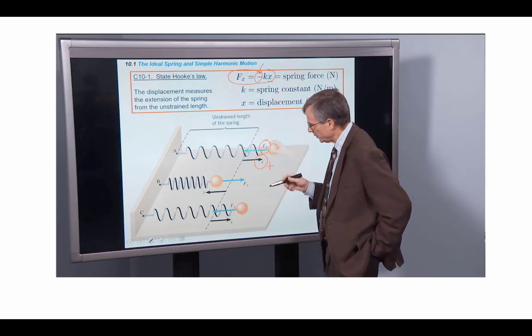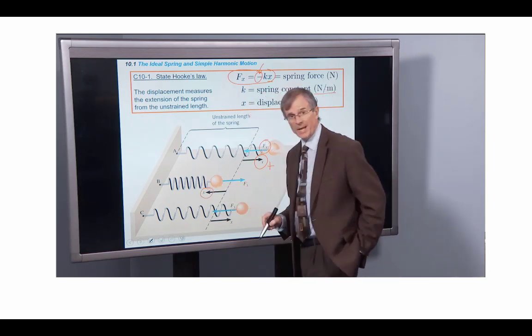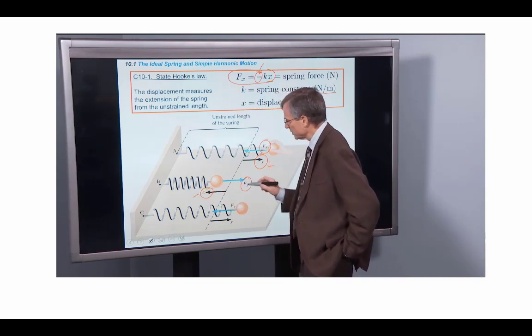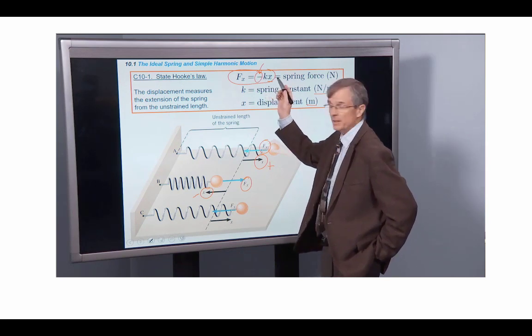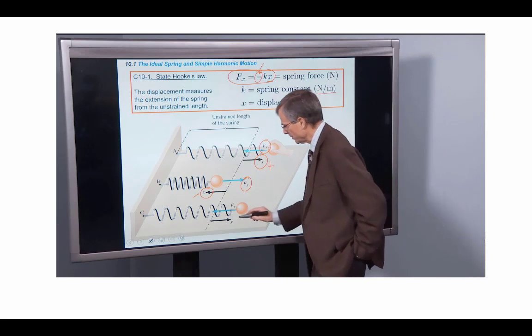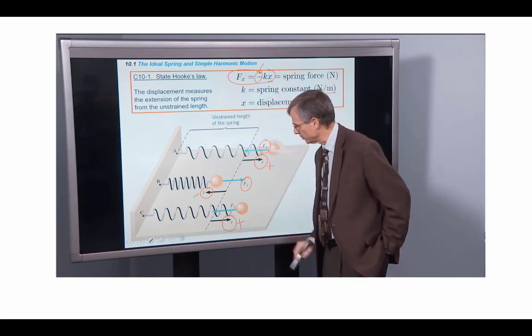Or, if you compress the spring, then x will be to the left, will be negative, and the force will be to the right, because you've got a negative sign here and a negative x, and that'll give you a force that's in the plus x direction. Noting here that x is measured positive toward the right.